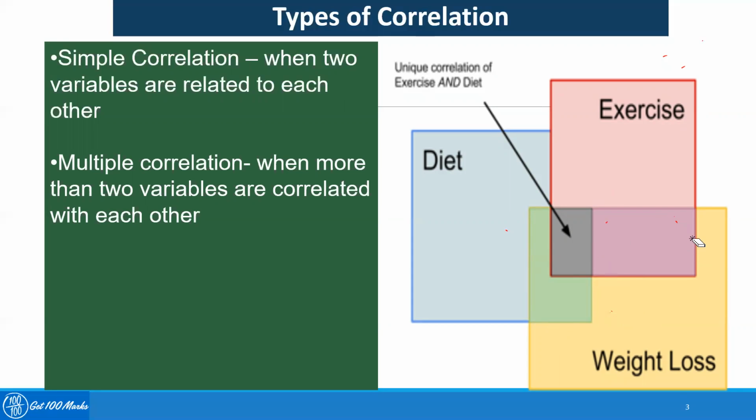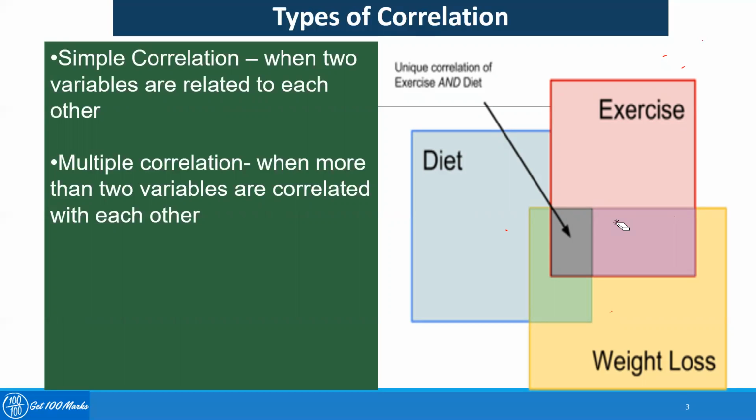Weight loss we can take as the dependent variable, though for correlation, we normally don't say which is independent or dependent, because in regression, we try to see which is my dependent variable. But in a simple way, we can say diet, exercise, and weight loss, how they are related with each other. That can be an example of multiple correlation.